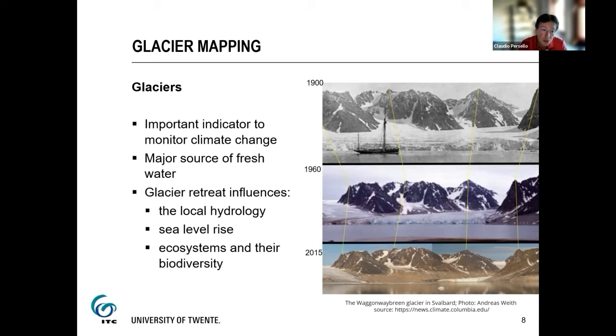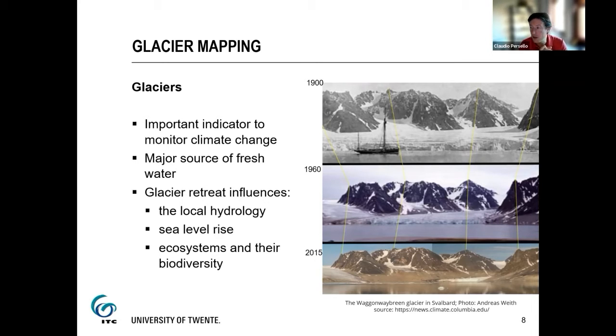But glaciers are also a major source of fresh water, especially in certain parts of the world where water is scarce. So glaciers are fundamental for many activities that require water, for instance, agriculture. And glacier retreat, which is happening at an increasing pace, is influencing many aspects of our life.